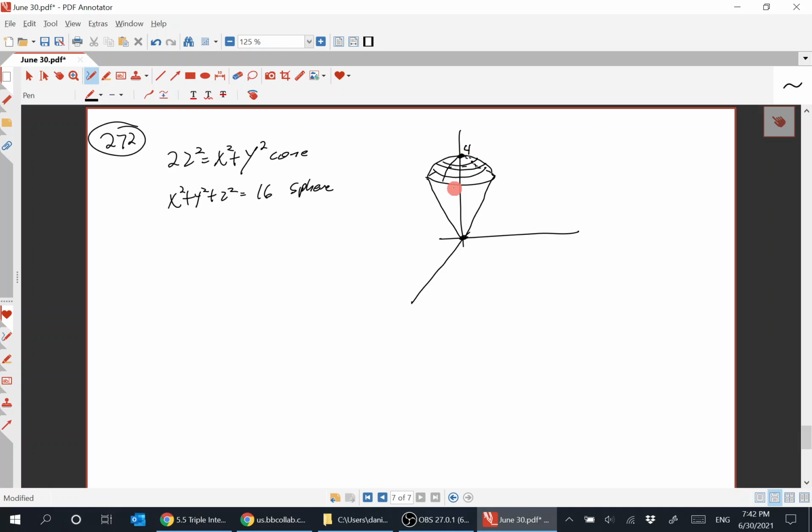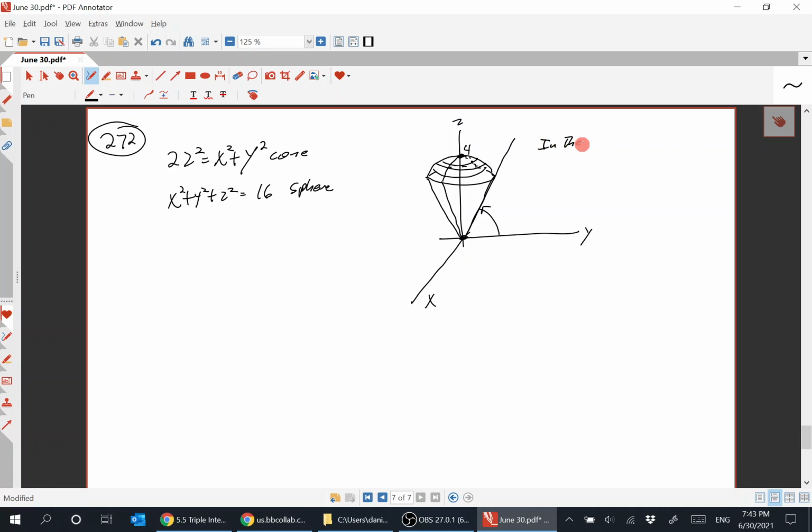So this is a 4 up here. To describe this, you can do this in terms of cylindrical coordinates. It would be fine. To describe this in terms of spherical coordinates, we need to know what the angle here is. What's this angle? Right? So if this is the x-axis, y-axis, z-axis, what is this line here in the yz plane?